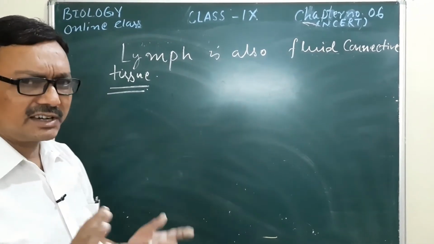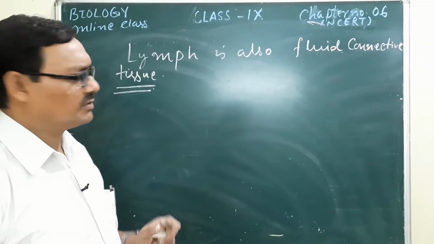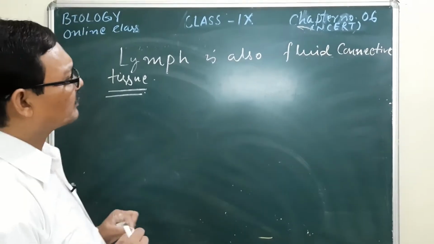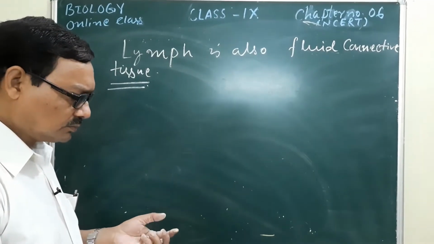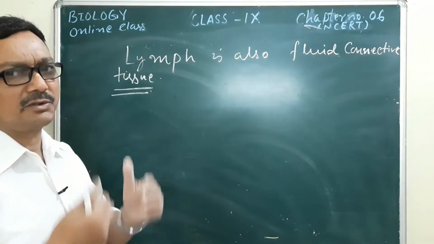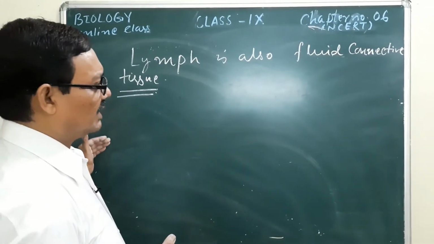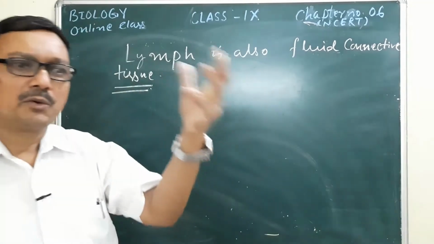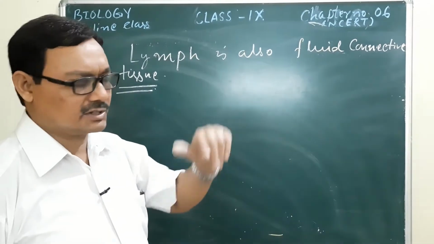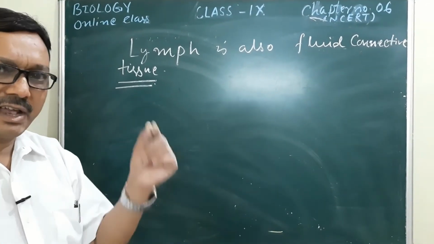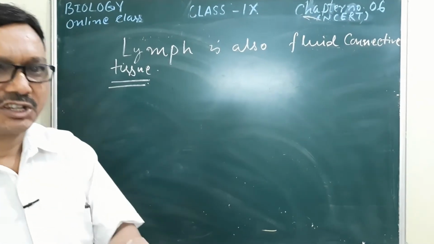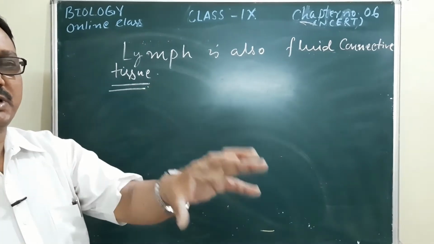First try to understand what is this fluid, this liquid tissue. Actually, when blood is passing through the artery and through the veins, the artery terminates into finer arterioles and veins into venules. And when arterioles and venules meet together, they make the finest vessels of the blood, known as capillaries.